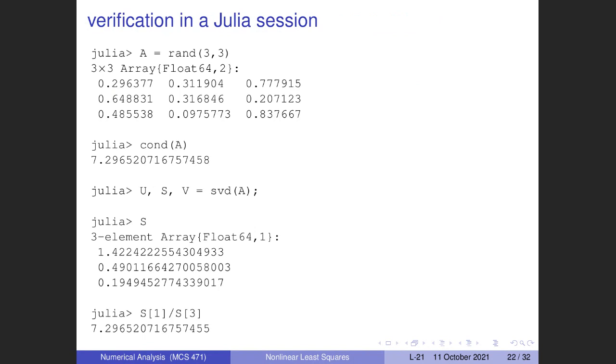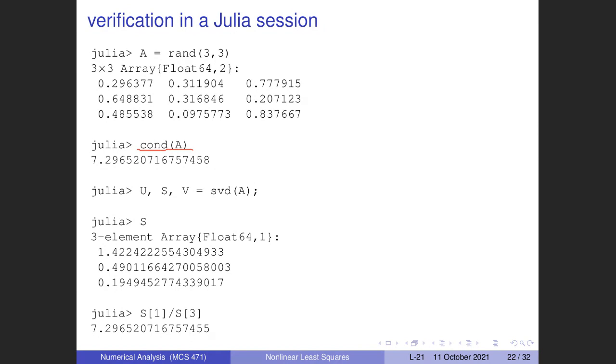How do we do this now again? We had the Julia command. How is this actually done? Let me illustrate this on a very small example, a 3 by 3 matrix. We compute the condition number, which is 7.3.